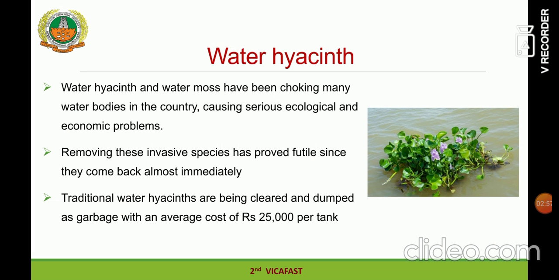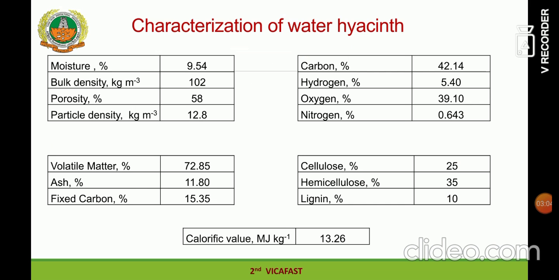So what are we going to do with the cleared water hyacinth? It can be converted into biofuels. So why water hyacinth as a main feedstock? Because it has a moisture content of 9.54 percent at the non-harvested stage, so I have chosen the water hyacinth at 9.54 percentage.